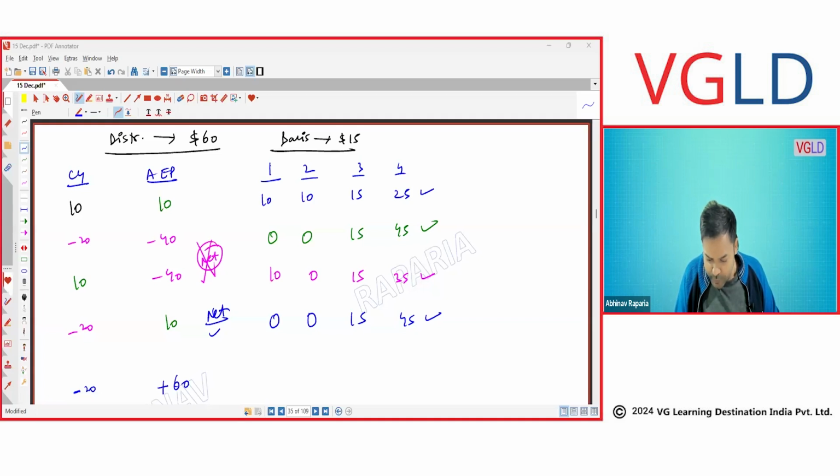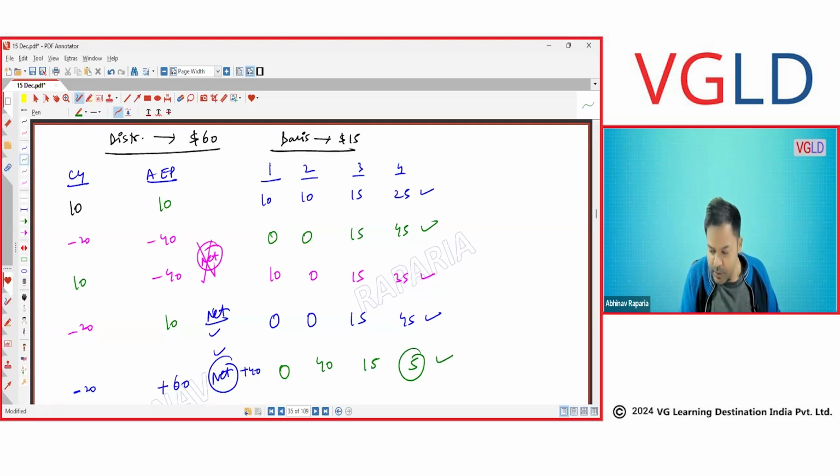Should we net them off? Should we net them off, guys? Yes, it is coming positive 40. Positive 40. So this is simple. 0, 40, 15, 5. Clear, Shalini? Distribution amount is 60, Shalini. That's all.